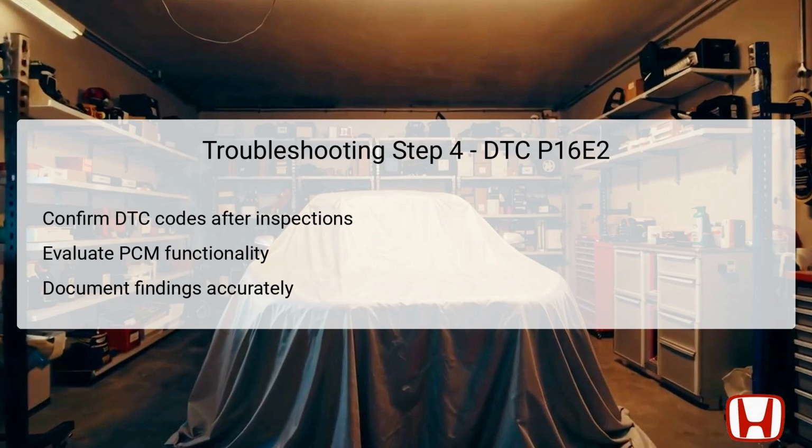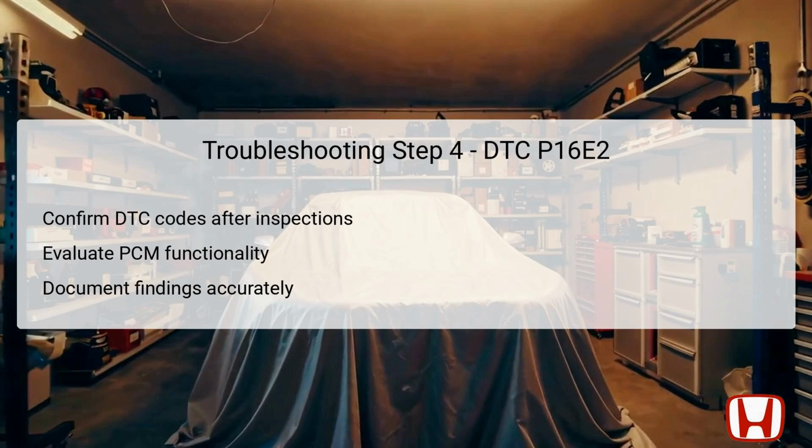If cleared and not present, further evaluations of the PCM can reveal if it's functioning correctly. This step is crucial because if the PCM is malfunctioning, it may need to be replaced to resolve the P16E2 code for good. Documenting all findings and repairs meticulously is essential for future reference and for providing accurate information during subsequent service visits.